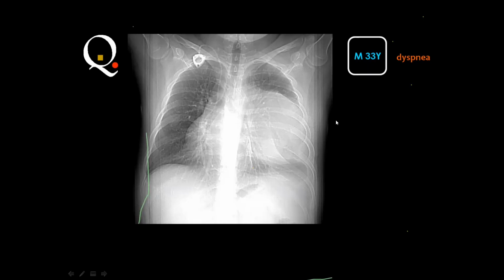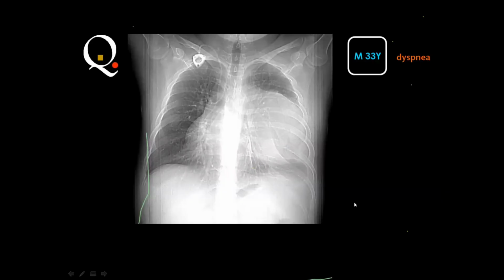Mass in the lingula, bronchogenic cyst, or pericardial effusion. Okay. If you look for this lesion, there is a big mass on the left side, and if you look to the cardiac border, you cannot see the cardiac border, meaning that this mass is anteriorly located.